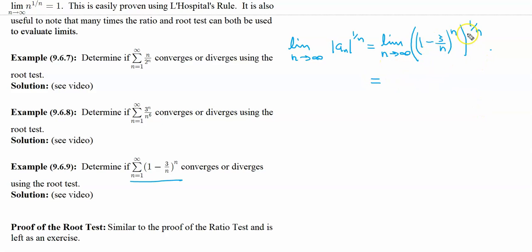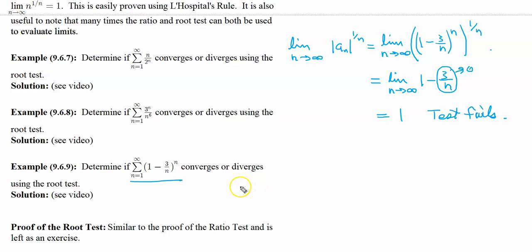Now, simplifying this, multiply these exponents together. n times 1 over n will just give you 1 again. And this limit, of course, this quantity here goes to 0, and so we end up with 1. So we see here that the test fails.